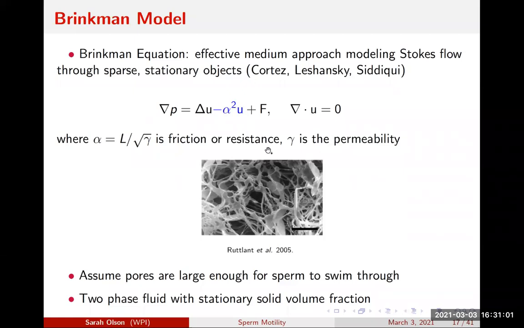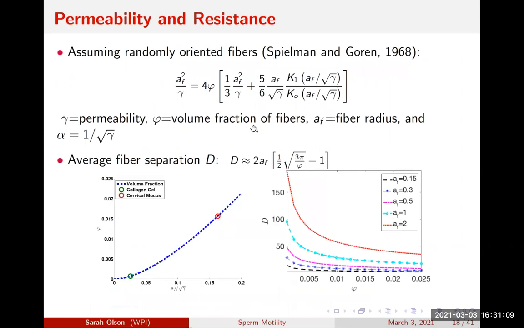Okay, and there are a few different ways to derive this equation. Another way is from thinking about a two-phase fluid with a stationary solid volume fraction. A number of years ago, there was this very nicely derived equation involving modified Bessel functions of the second kind that relate the permeability of the fluid with the volume fraction of fibers and fiber radii, and then we can think about the corresponding alpha resistance parameter in this Brinkman equation.